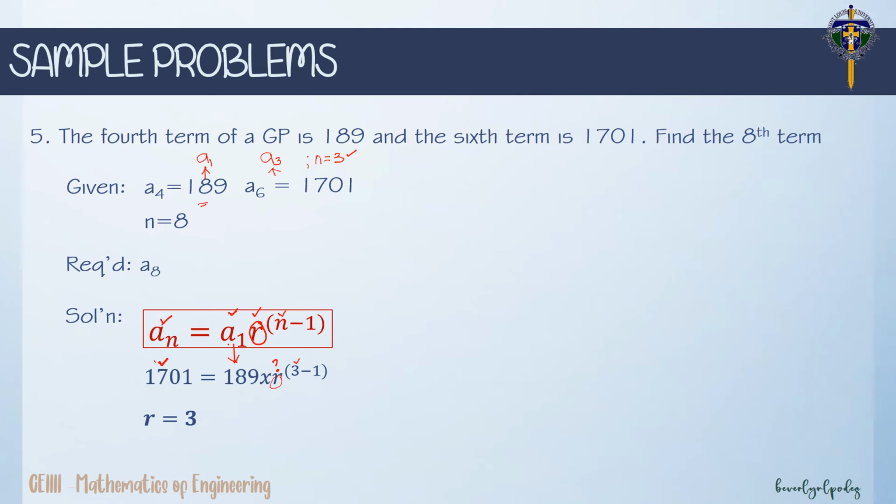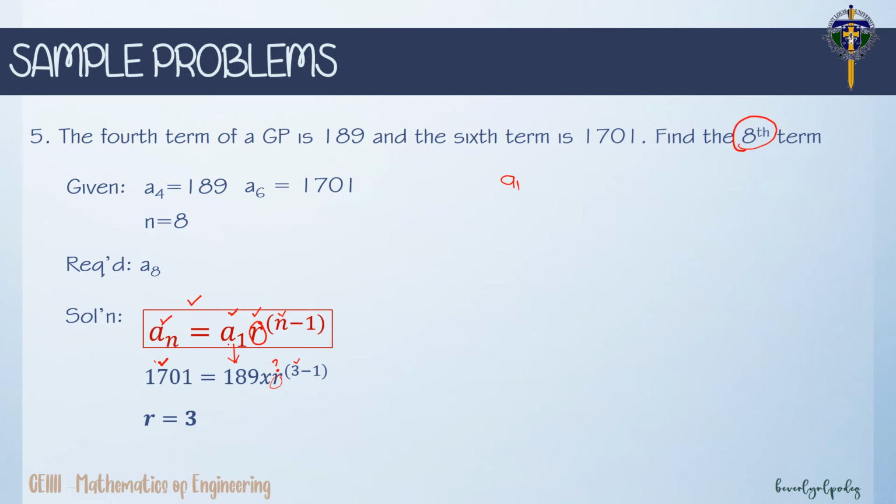So going back now to the original problem. Let me just erase. We now go back to our original problem. And to continue our solution, let us now solve for the value of the first term. Once we know the value of the first term, then we can substitute it again into this equation to solve the value of our eighth term.